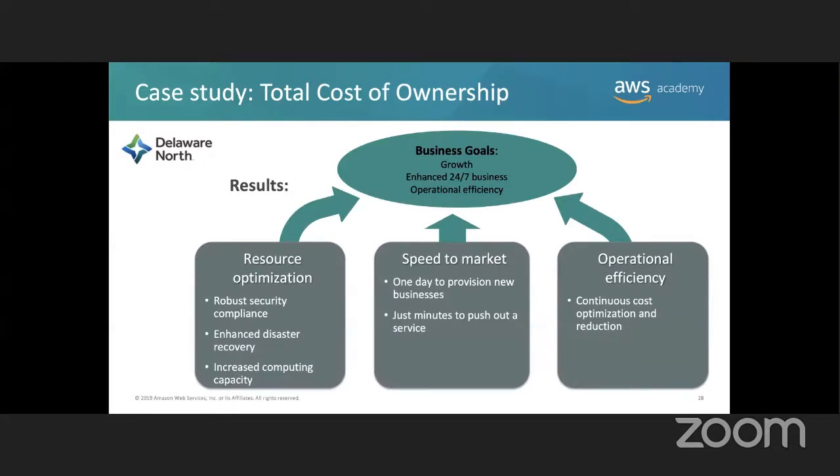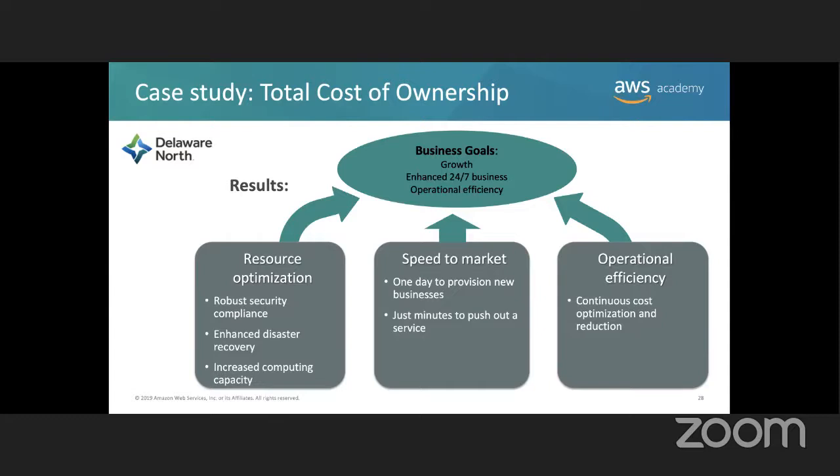So the cost of ownership and business goal growth enhanced. This was the business goal: enhanced 24/7 business operational efficiency. Of course, guys, when you go this way to the cloud, you're going to have so much success working with your customers. Now they can work 24 hours, 7 days, working on the operational efficiency.